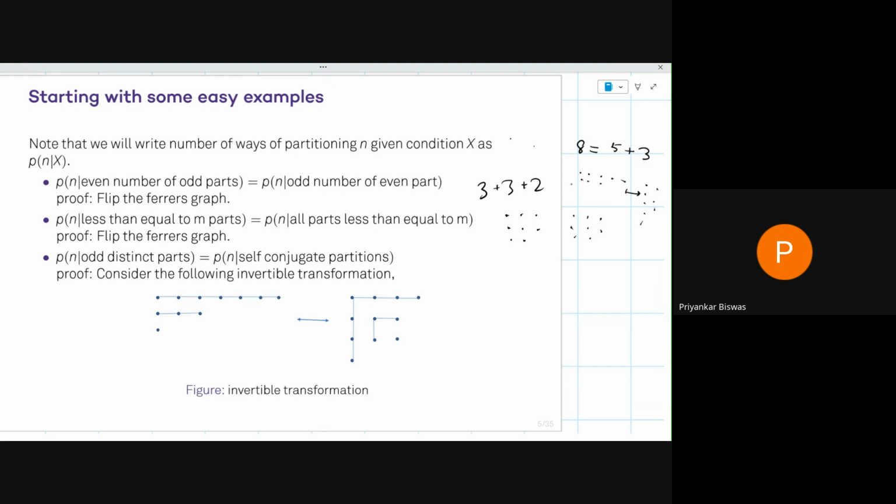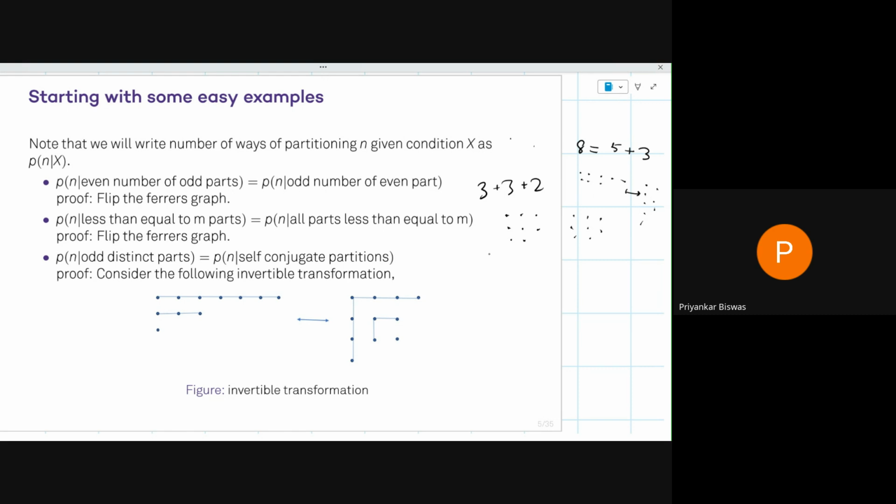And for this second identity, this also you can prove like this. Partition of n into less than or equal to m parts equals partition of n given all parts less than or equal to m.